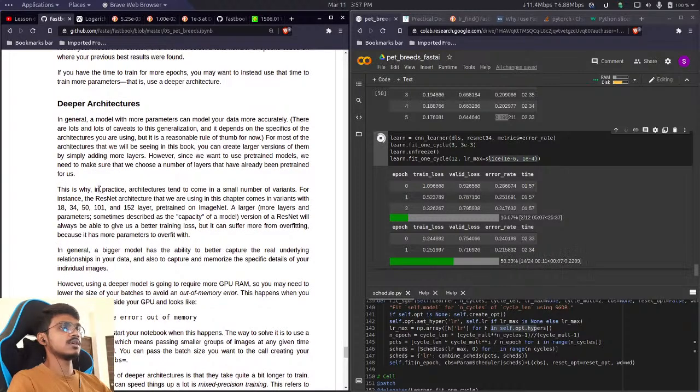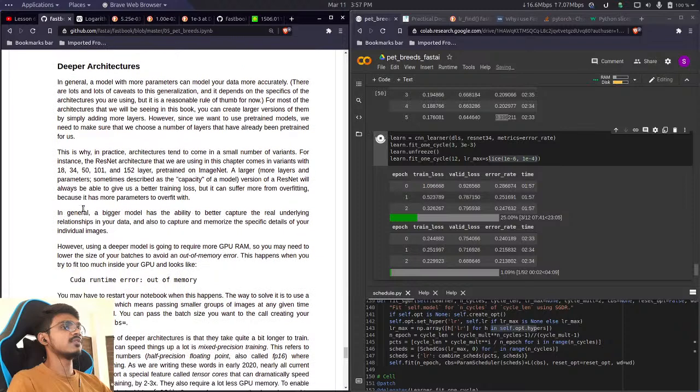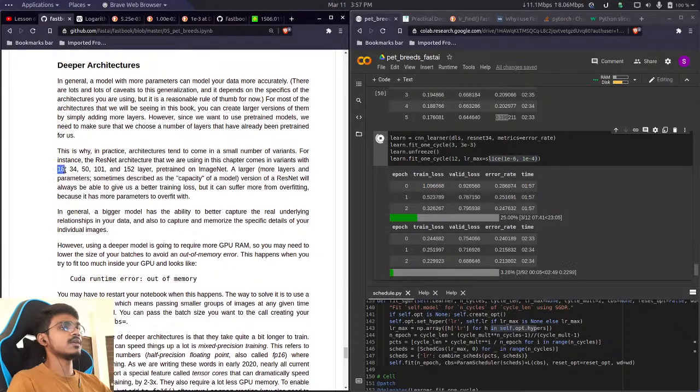This is why in practice architectures tend to come in a small number of variants. For instance, the ResNet architecture that we are using in this chapter comes in variants with 18 layers, 34, 50, 101 and 152 layers, pre-trained on ImageNet.